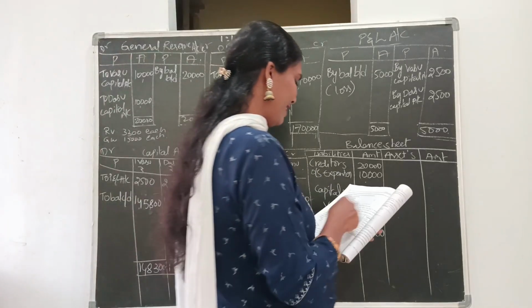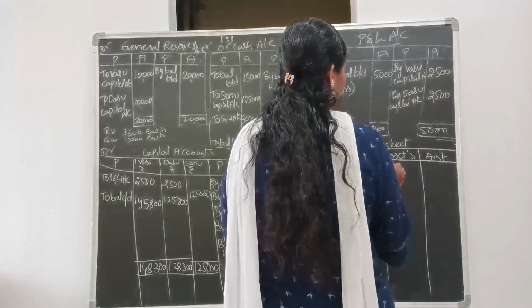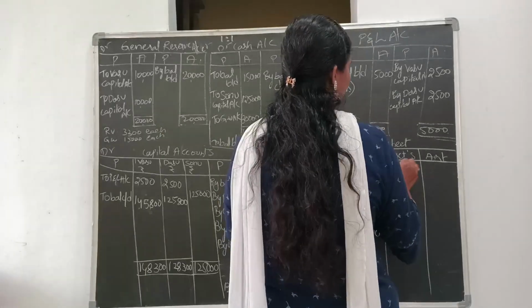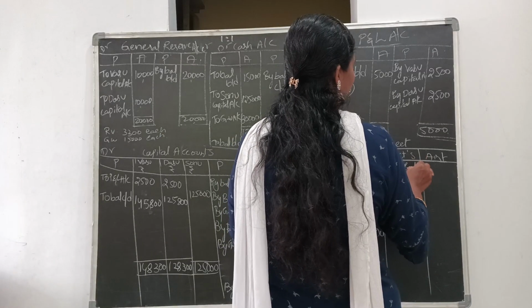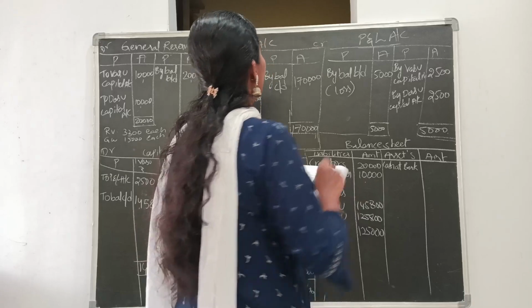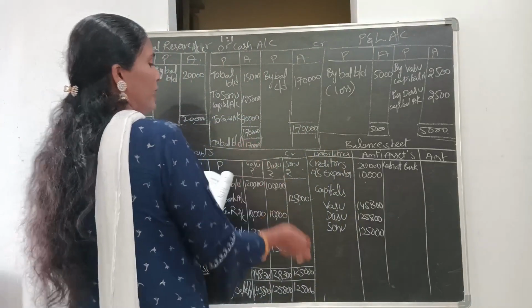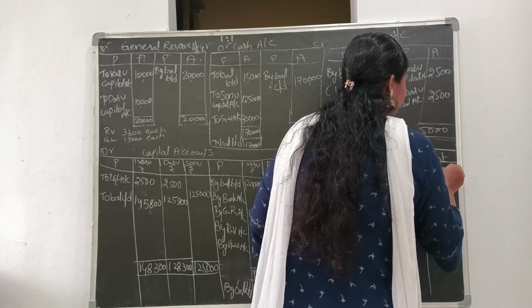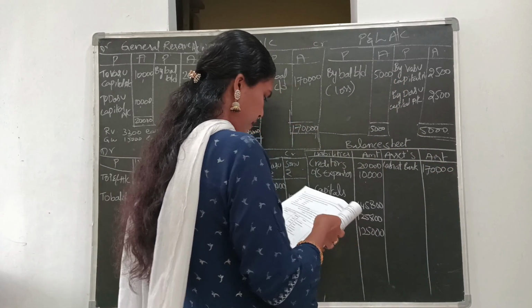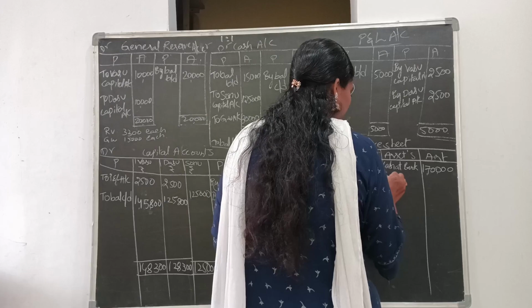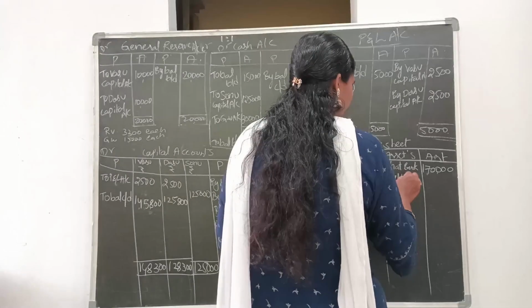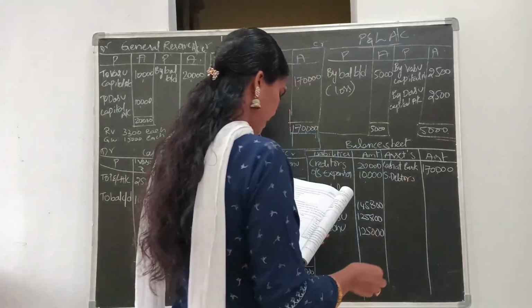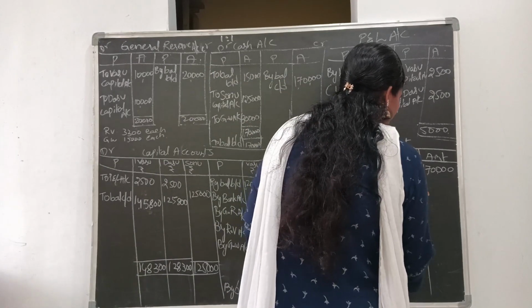Now coming to the asset side, cash at bank. What is the cash balance? Okay, closing balance of cash is 1,70,000. Write down. And sundry debtors are 40,000.